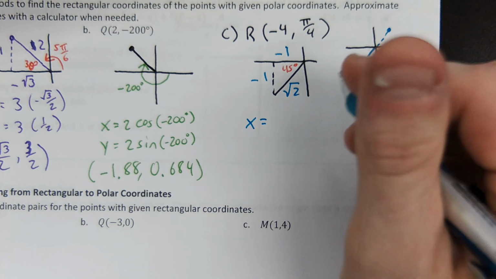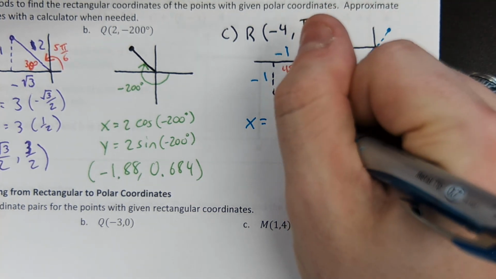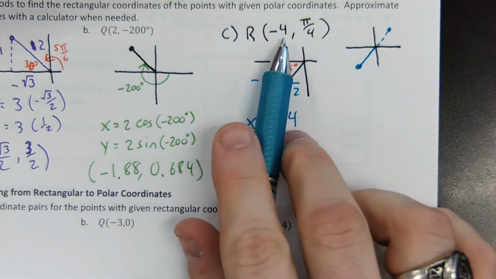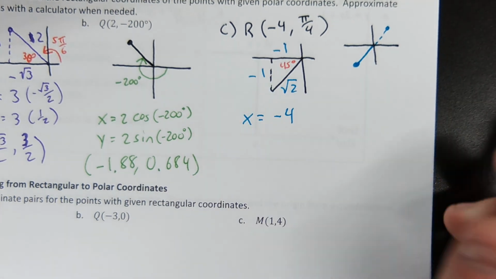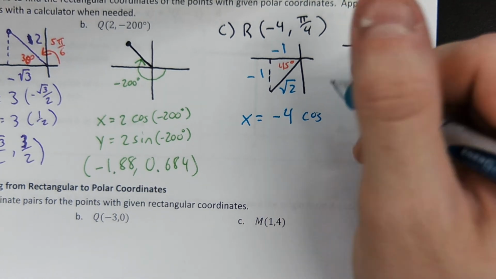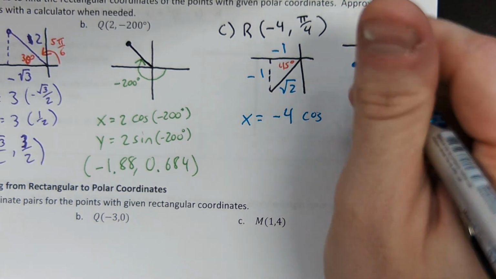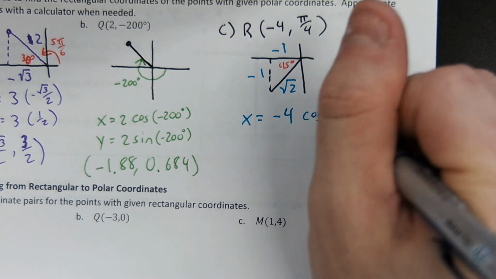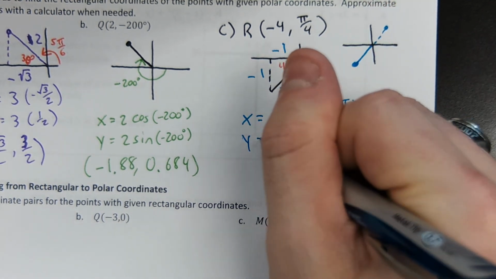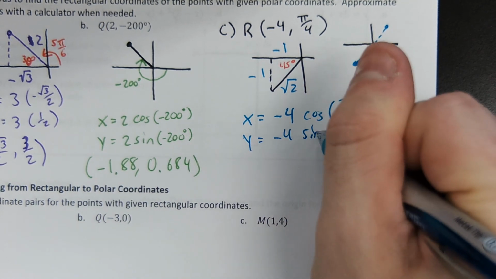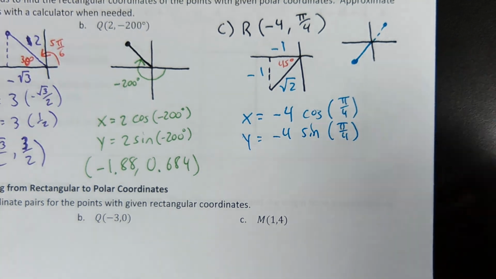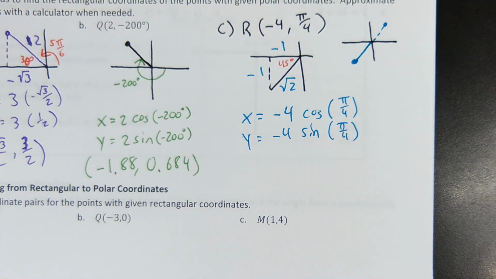X equals r, the actual radius from the polar coordinate, cosine of theta. Y equals r sine theta. I'm sorry?